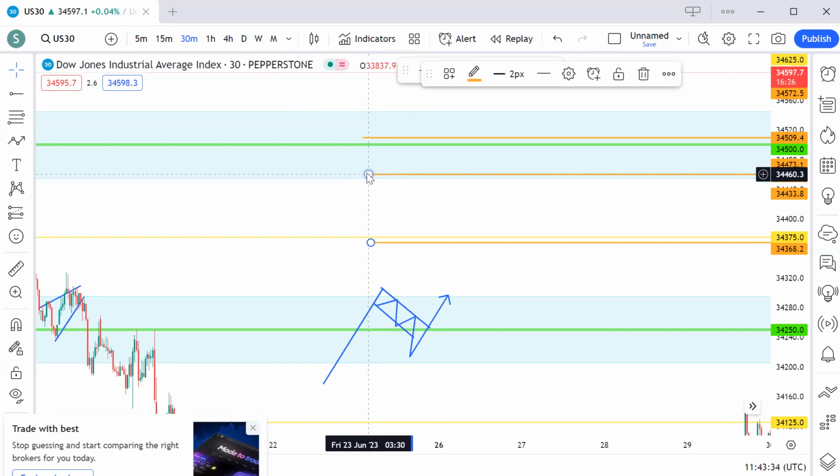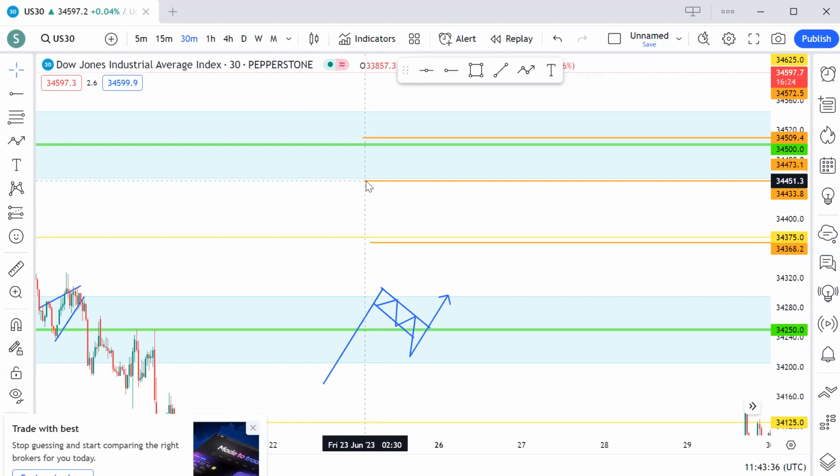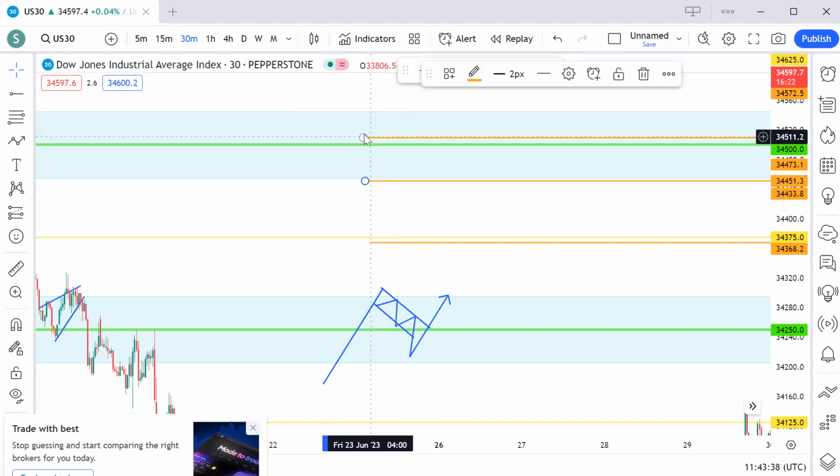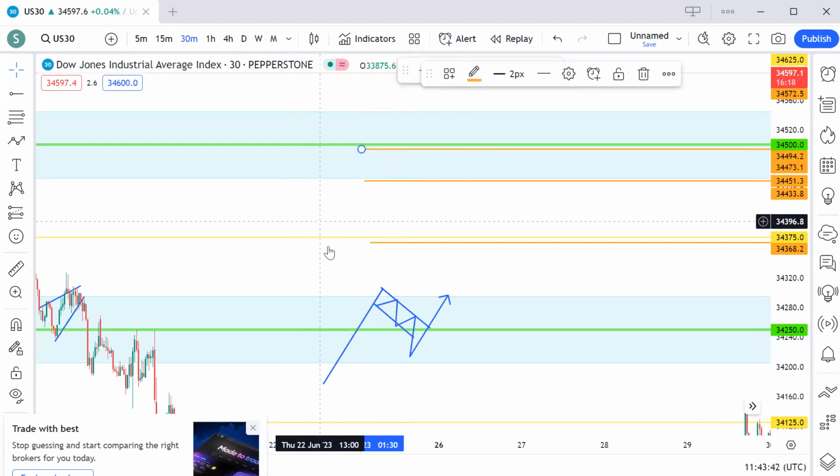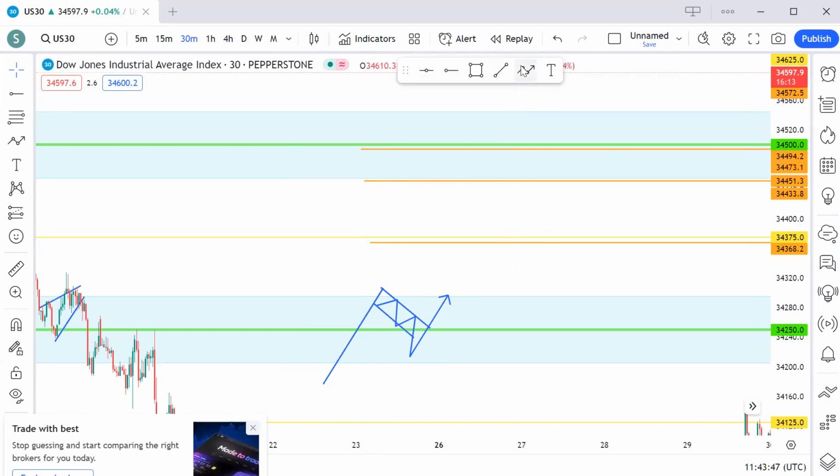Why? These are major points of structure on your chart. And most of the time, price will touch, let me show you, price will touch and reject off of them to come and retest the previous lows.